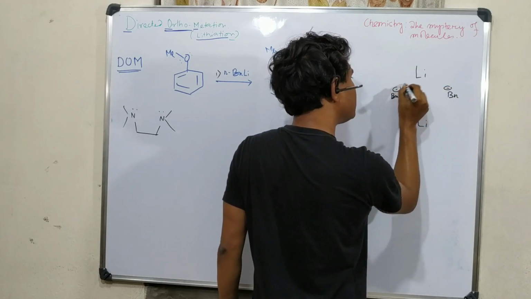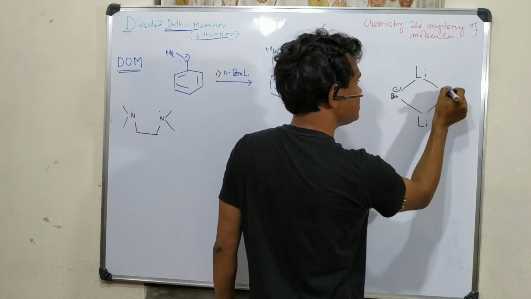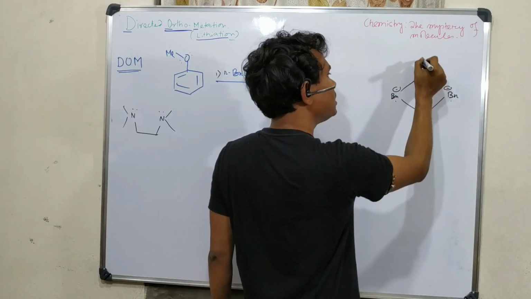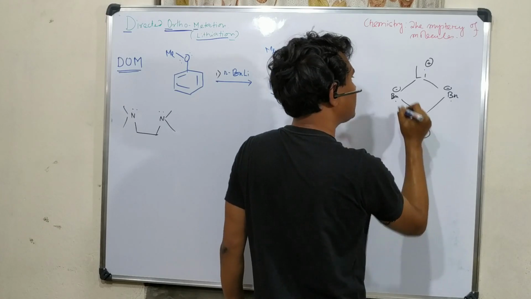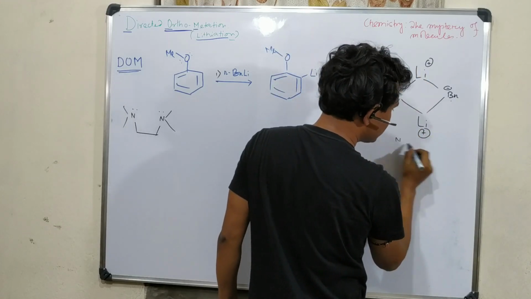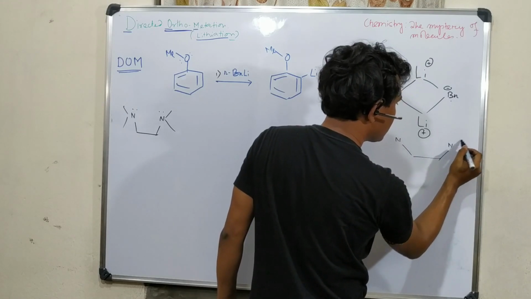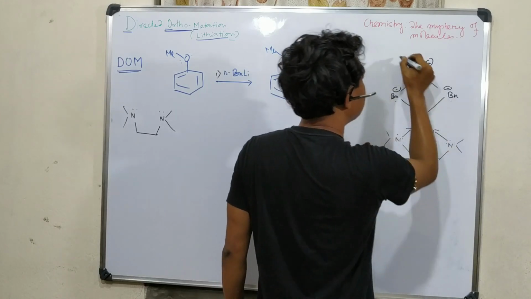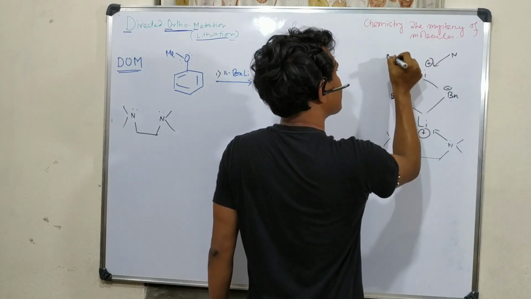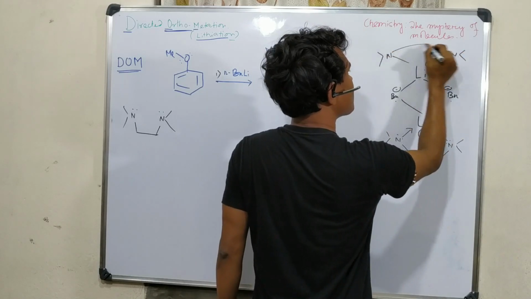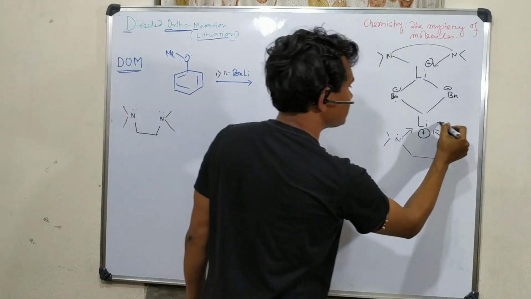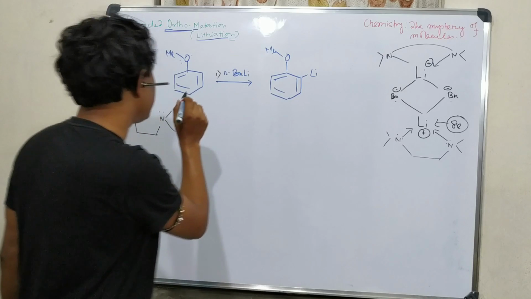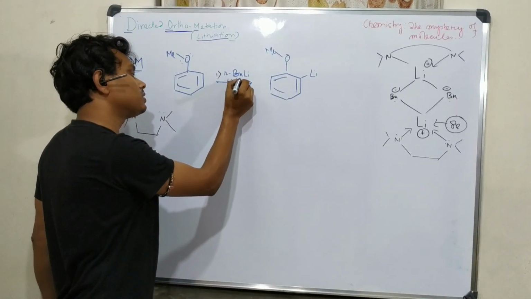In this dimer, the 4 electrons, one pair from here and one pair from here, are delocalized over these 4 atoms, and TMEDA coordinates from this side using the lone pair of the nitrogen atom. In this way, lithium enjoys 8 electrons on its outside.